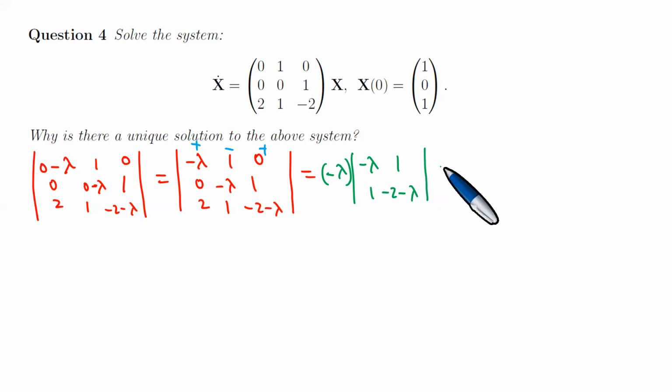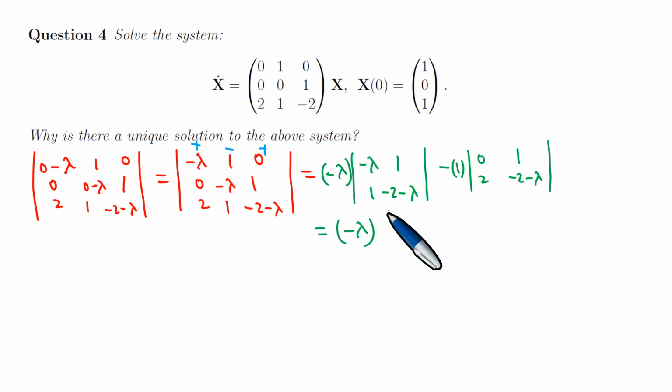And then you have minus 1, which is 0, 2, 1 minus 2 minus lambda, which is minus that. Multiply this with that, which is exactly lambda squared plus 2 lambda minus 1.